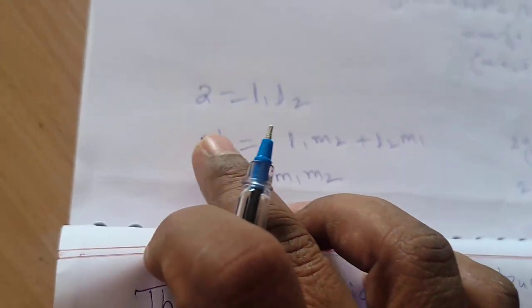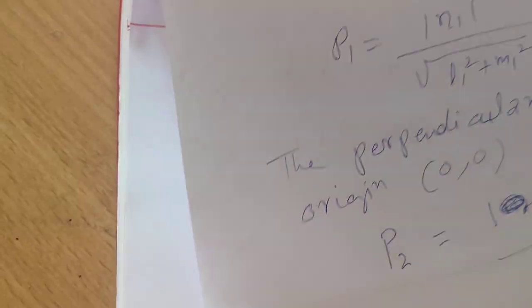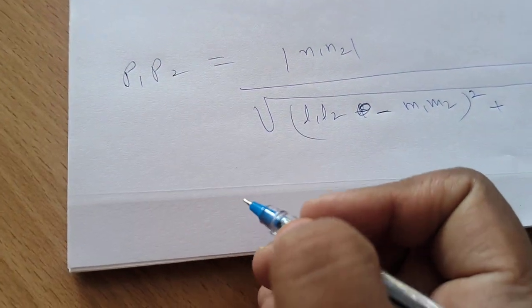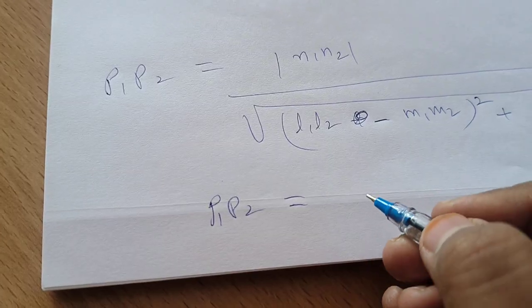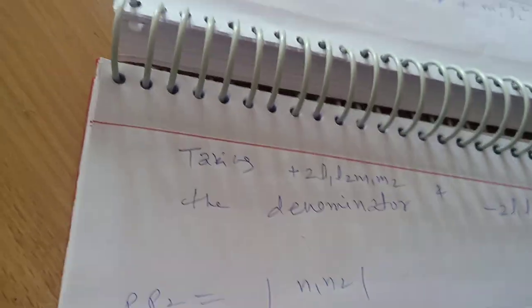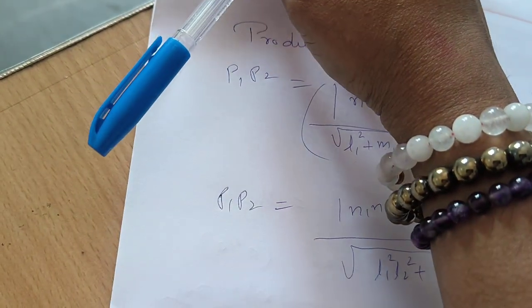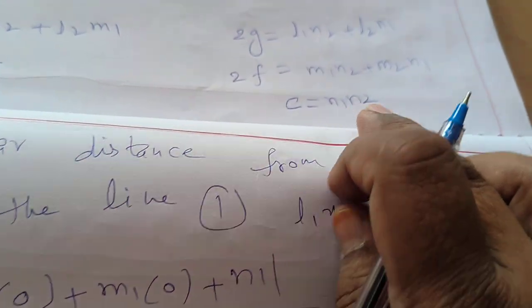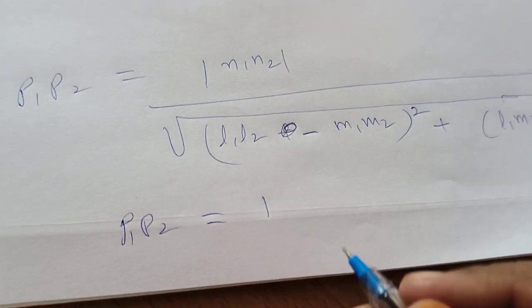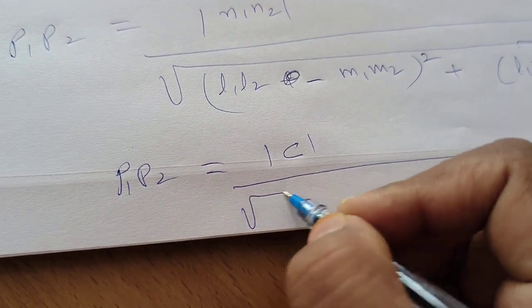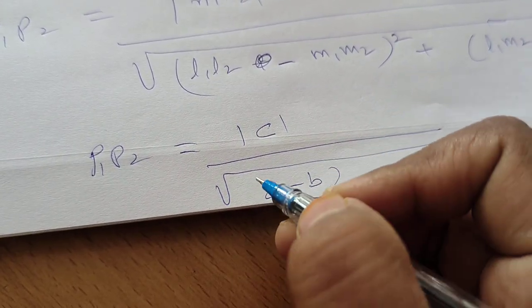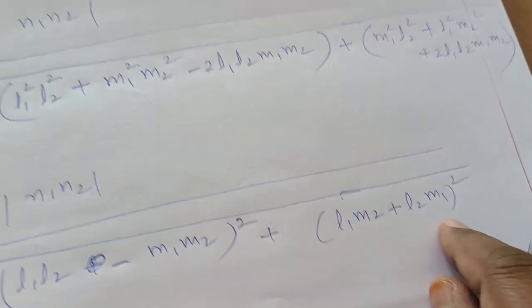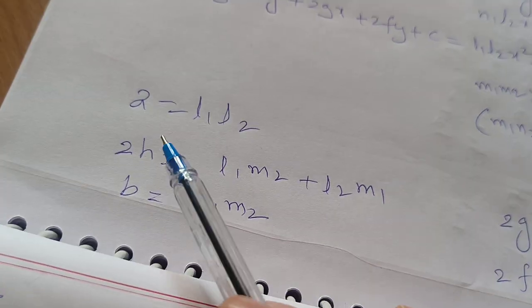Now in place of this we will substitute the values. L1 L2 means it is A, M1 M2 means B. So P1 P2, the product of the perpendiculars, is equal to mod N1 N2 in the numerator, and here N1 N2 is equal to C. So in the numerator we will write C by under root, L1 L2 is A minus M1 M2 is B, (A minus B) whole square plus L1 M2 plus L2 M1, which is equal to 2H.